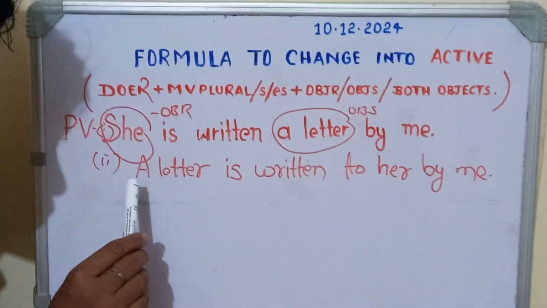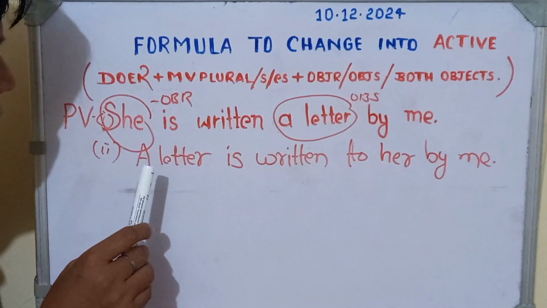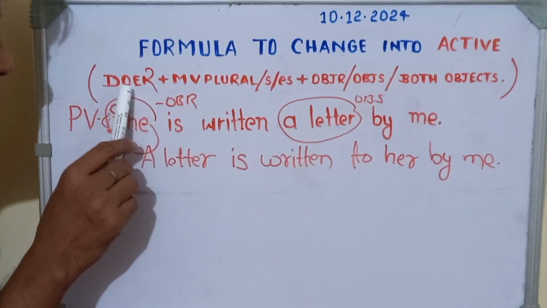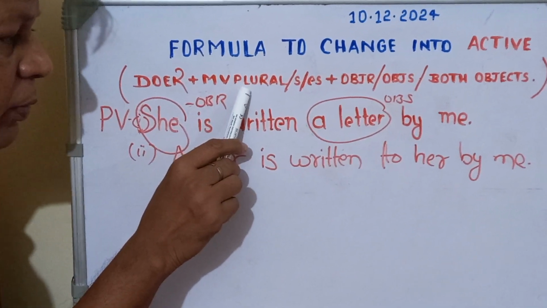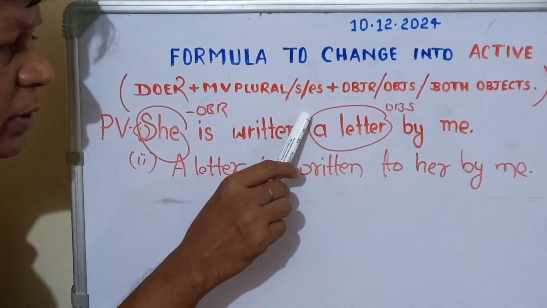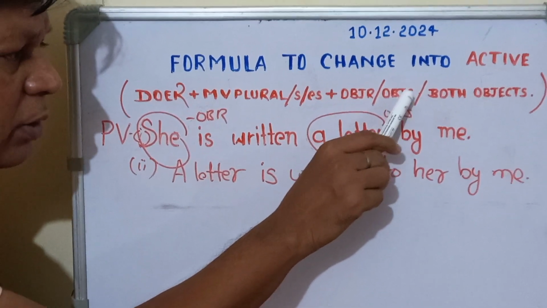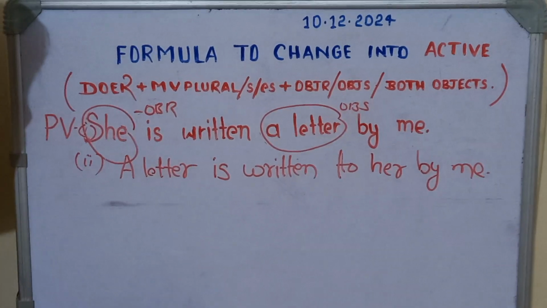To change these sentences into active, we have to follow this formula. Formula is here. At first we use doer, then main verb plural or s or es form plus object R or object S or both objects. Object R means object receiver and object S means object sufferer.